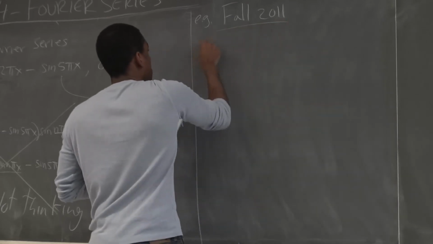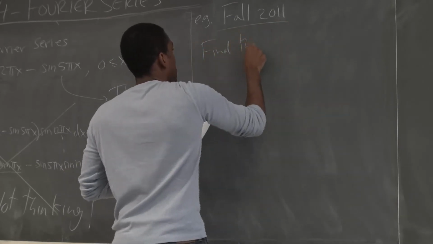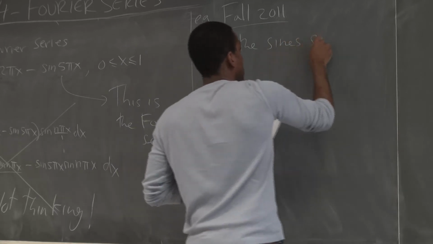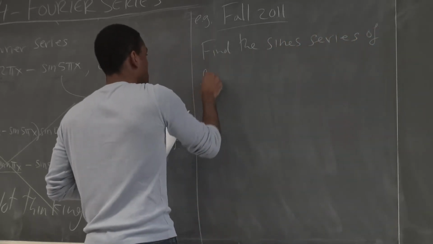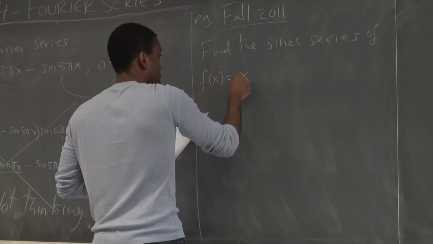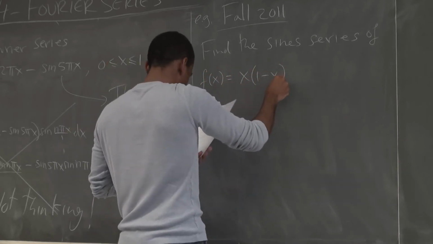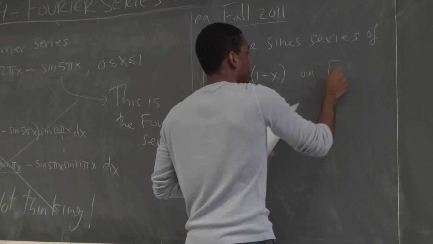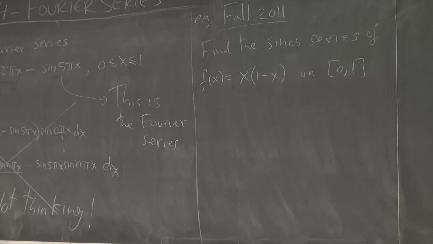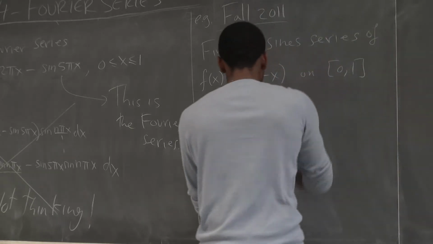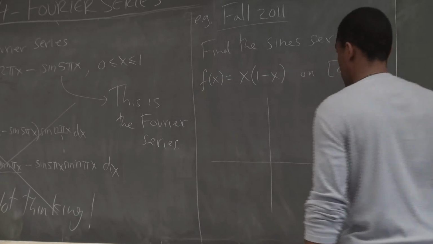The question was to find the sine series of f of x equals x times 1 minus x on the interval 0, 1. I don't think it asks you to draw it, but you can do that for fun.